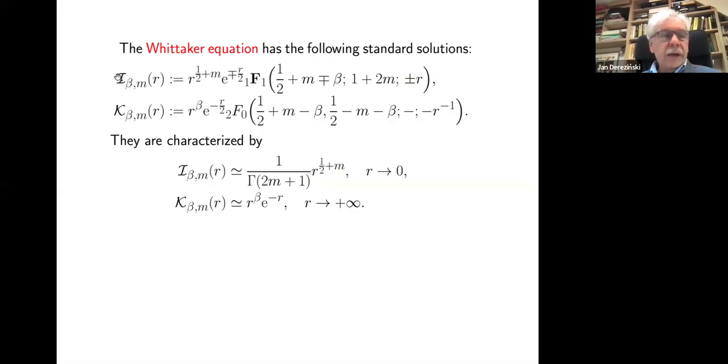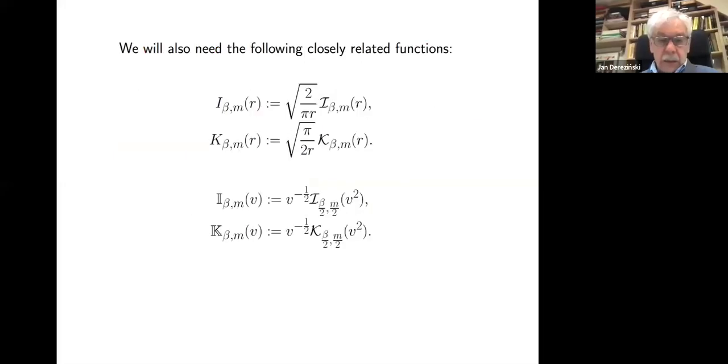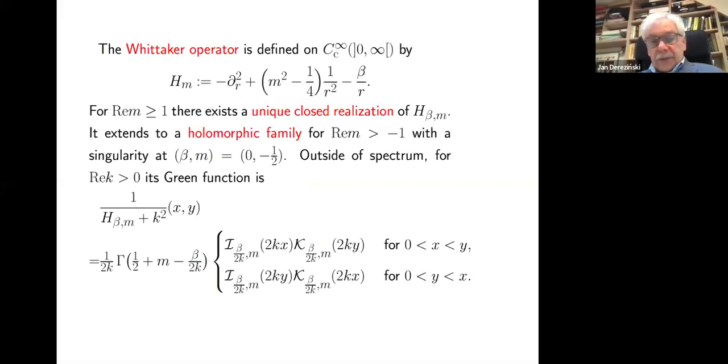So I is kind of an analog of the modified Bessel function, and K is an analog of the McDonald function. Again, I is characterized by the behavior near zero and K near infinity. And there will be some cousins of these two functions, which are given here. You multiply by something trivial, or you change the variable in a trivial way. We will need three pairs of functions.